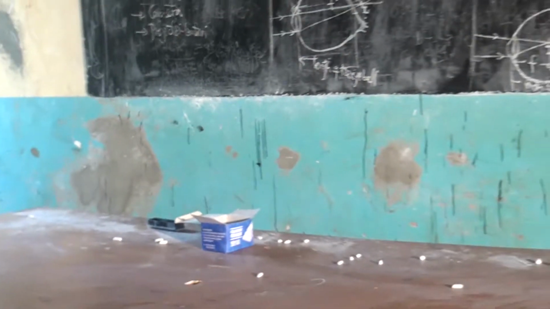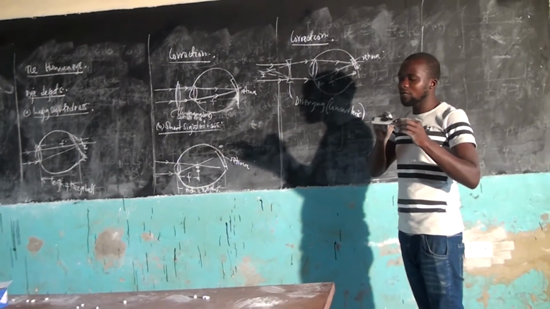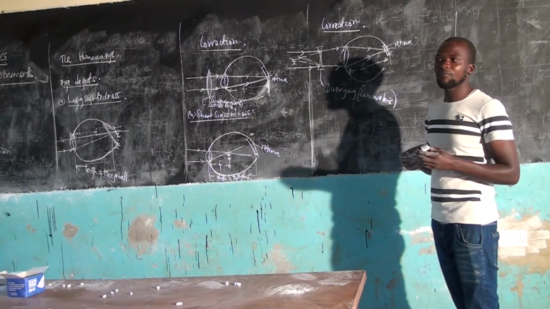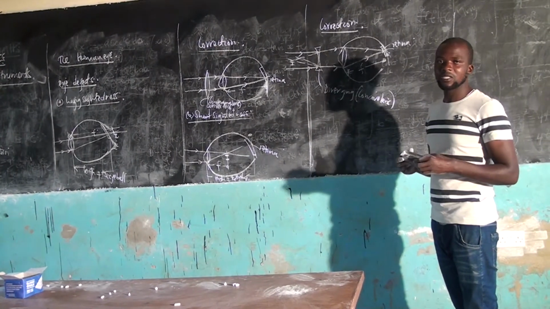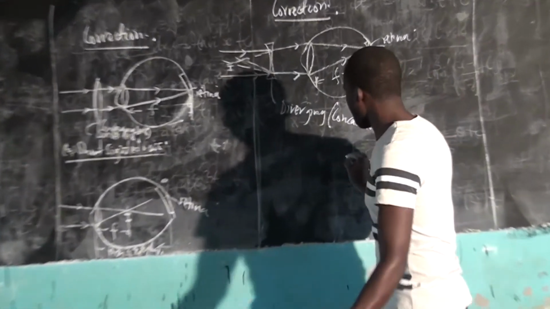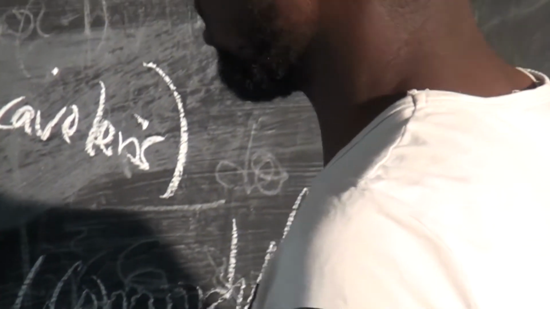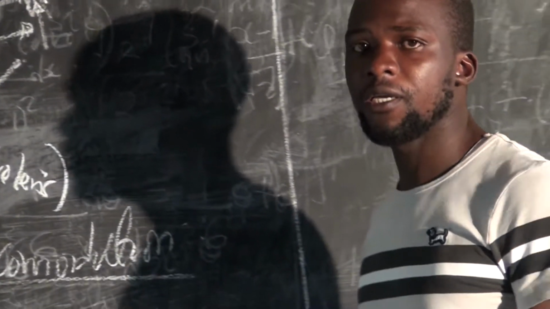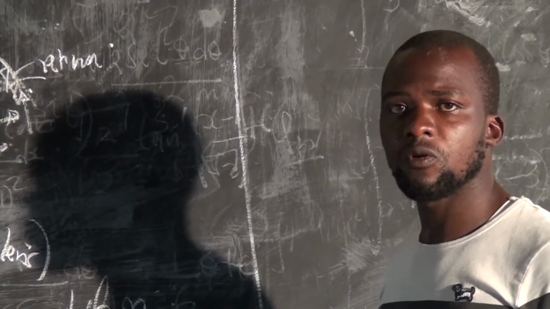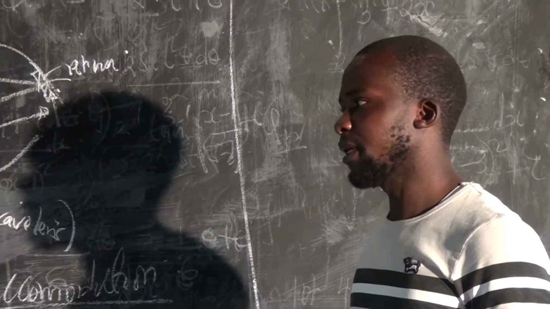When you blink, you are varying the focal length. That process is called accommodation. The accommodation of the eye is the variation of the focal length of the eye for it to view different objects, like that.